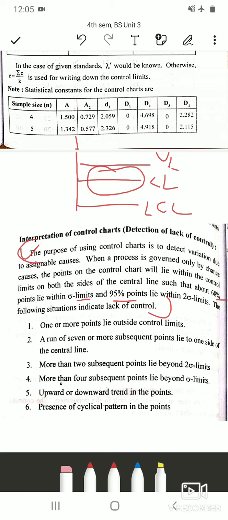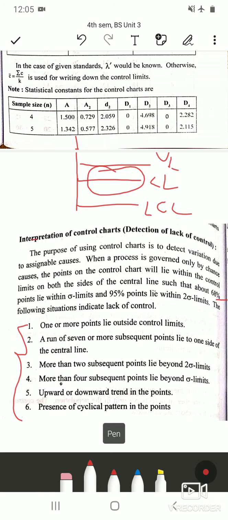And these 6 points are the situations where you can say that the process is out of control. One or more points lie outside the control limits, then you say there is some variation due to assignable causes.